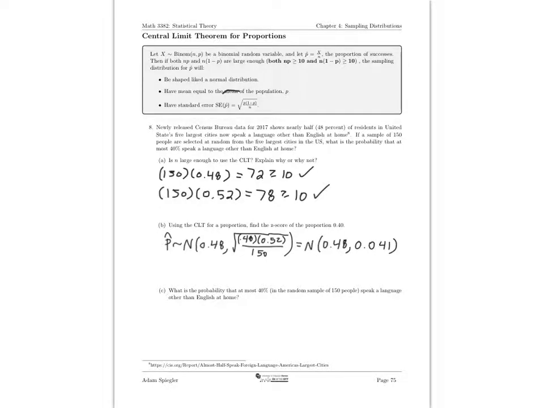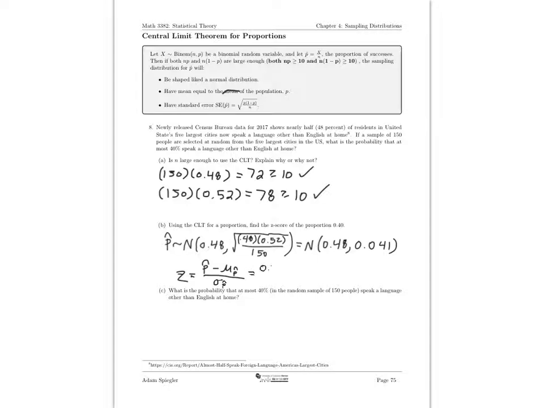So now the z-score would equal the sample proportion that I'm working with, the 0.4, minus the center of the sampling distribution for the proportion, all divided by the standard error for the sampling distribution of the proportion.